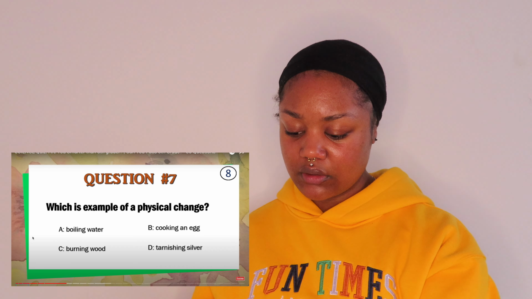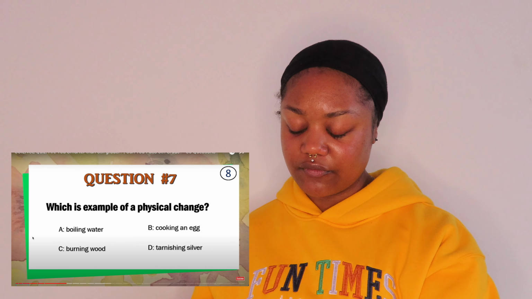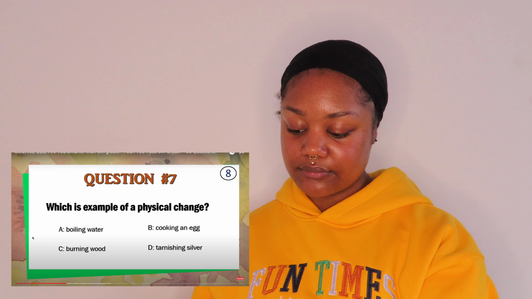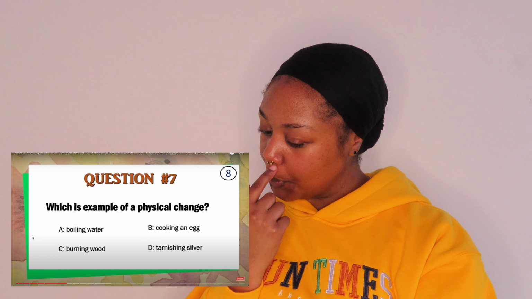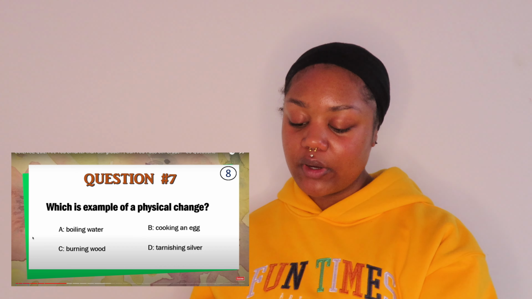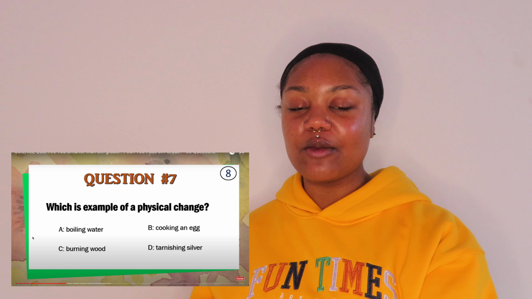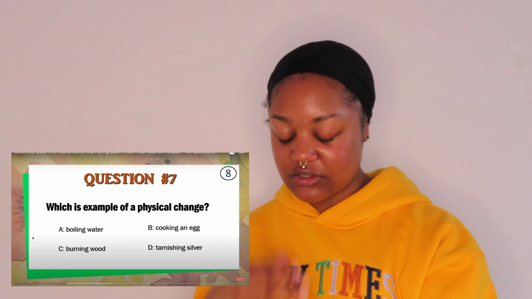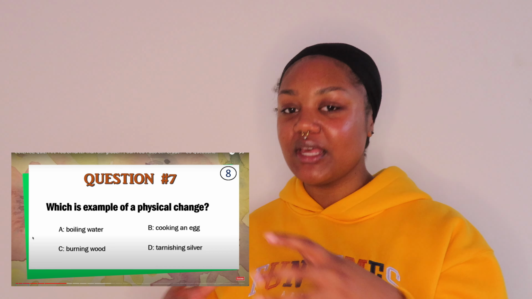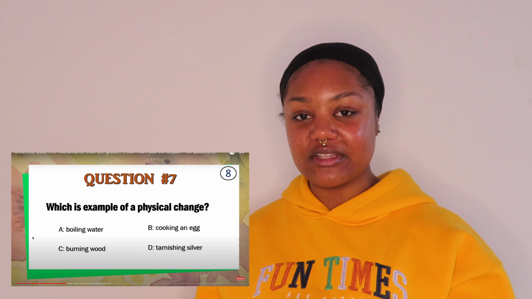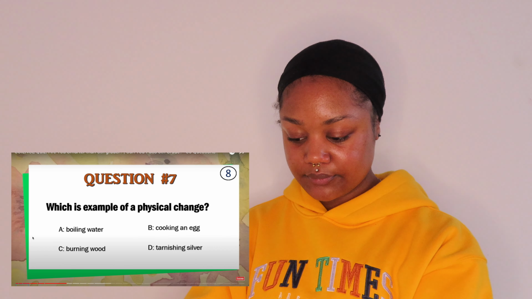Tarnishing silver. It's either boiling water or cooking an egg. Because I know if it's a chemical change, something had to happen chemically for it to change. So if I was cooking an egg, is that the same as burning? I'm gonna go with boiling water.